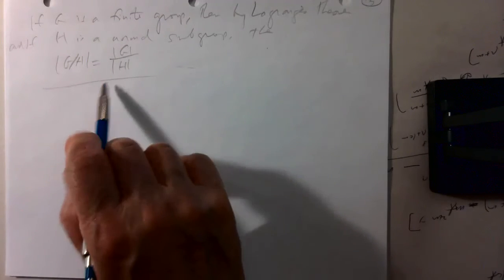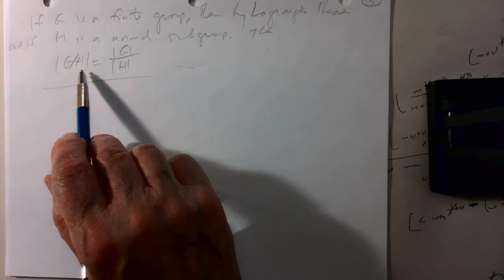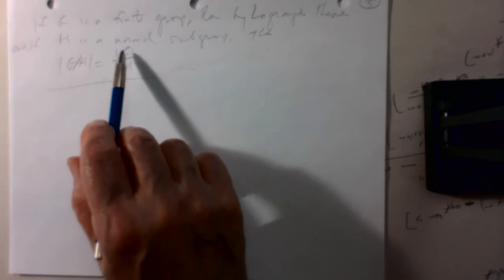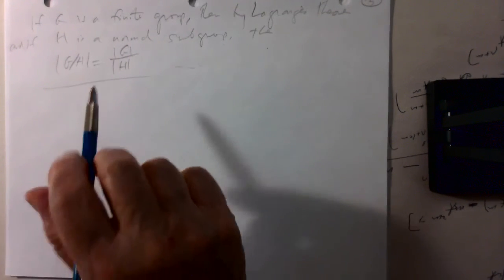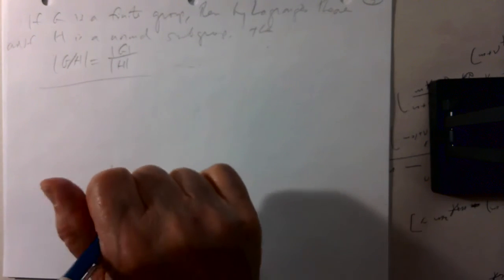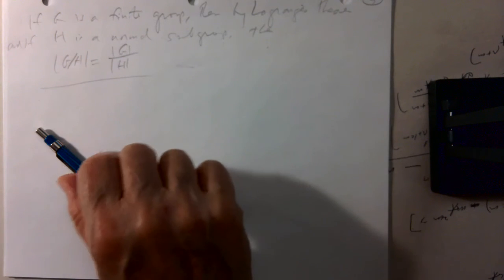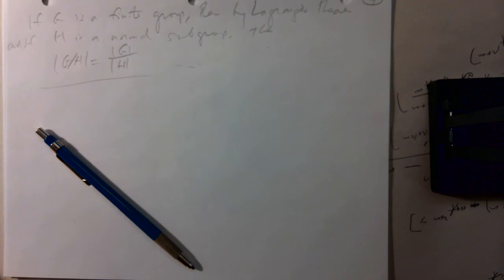Right? The order of a subgroup divides the order of the group, and more than that, the order of the group is the order of the subgroup times the number of cosets, which in the case of a normal subgroup is the cardinality or the size of the quotient group.